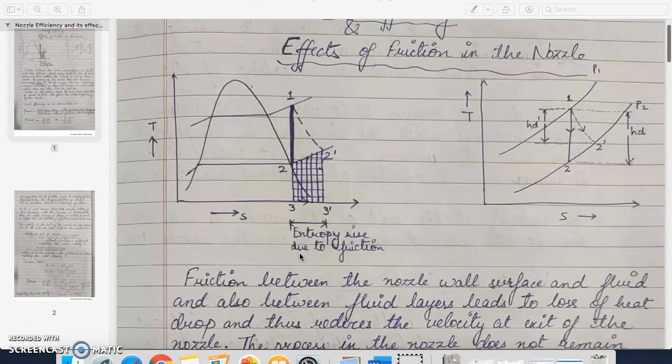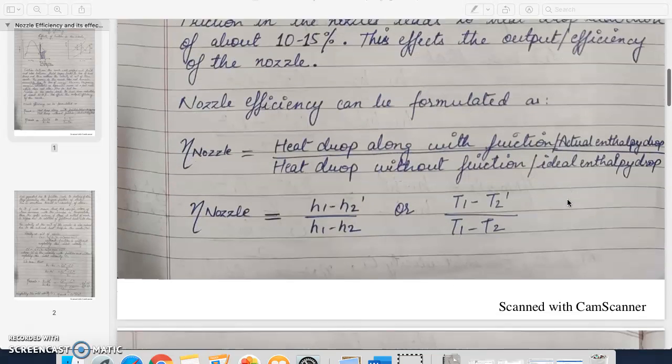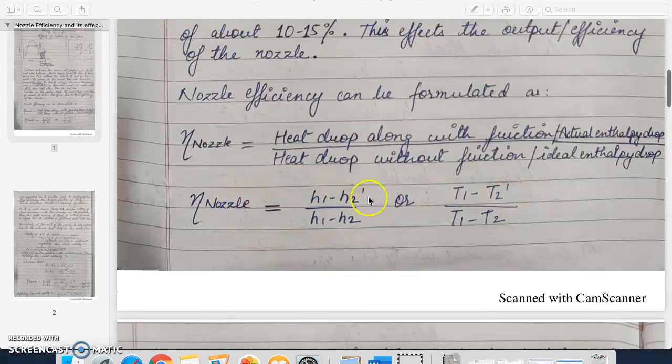As we can see from the TS diagram, the actual heat drop with friction is H1 minus H2 dash, and ideal will be H1 minus H2. So the formula for nozzle efficiency will become H1 minus H2 dash upon H1 minus H2.